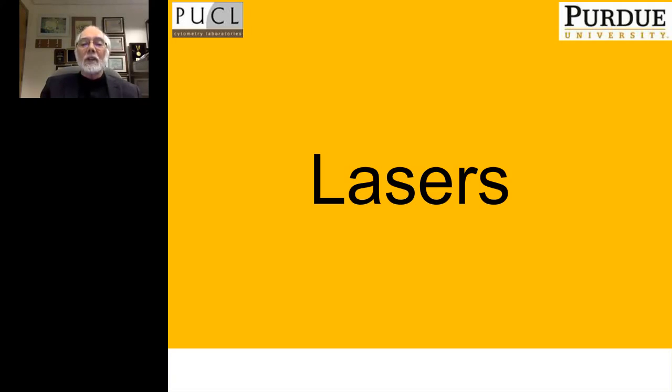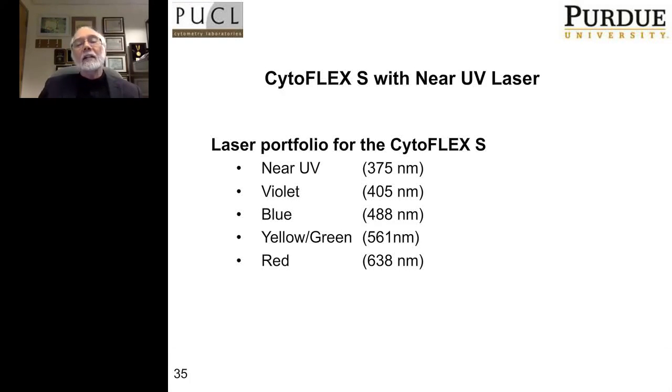So let me now lastly talk about the lasers and the configuration of the lasers on the CytoFLEX, because that certainly will impact how many signals you can measure and which WDM modules you need to use in order to collect these signals. There are, at the moment, I understand, 5 possible lasers that you can put on the CytoFLEX, although only 4 can be put on at any one time.